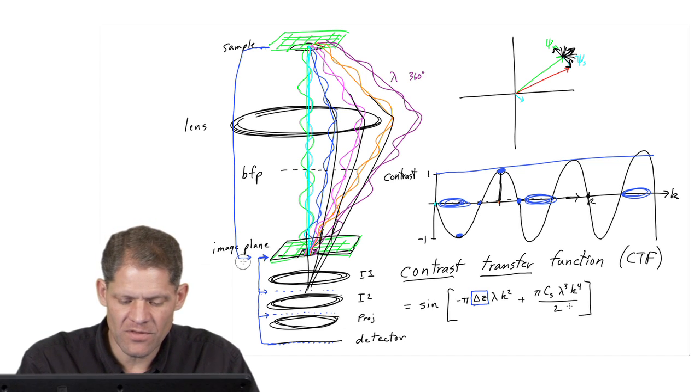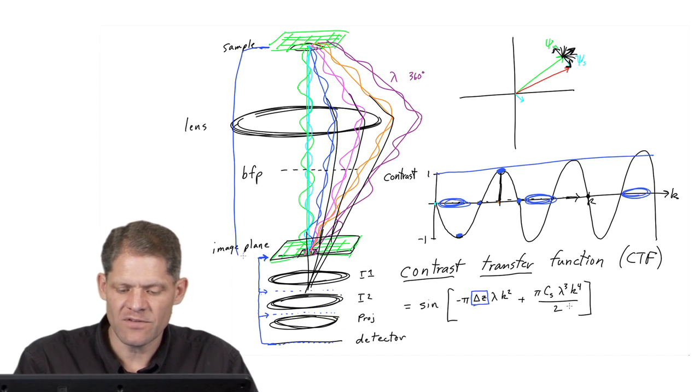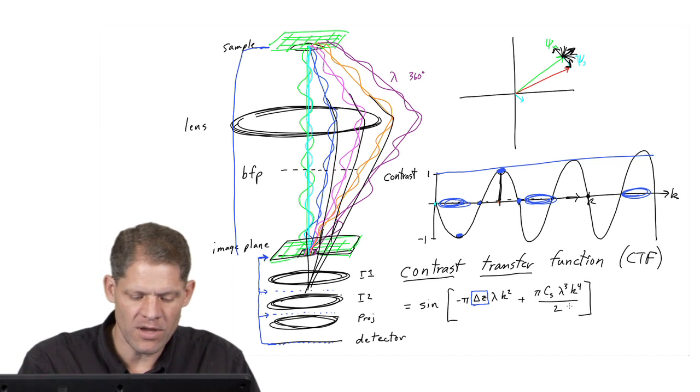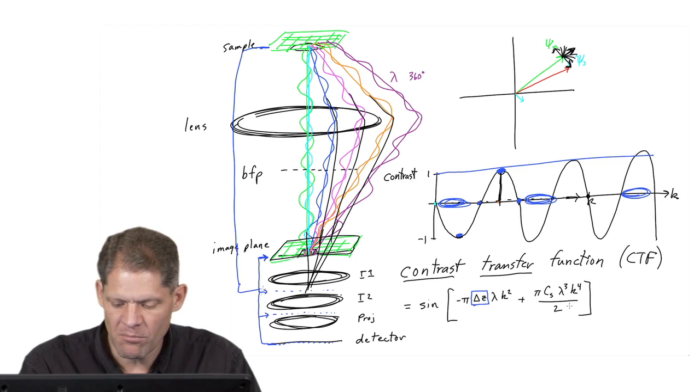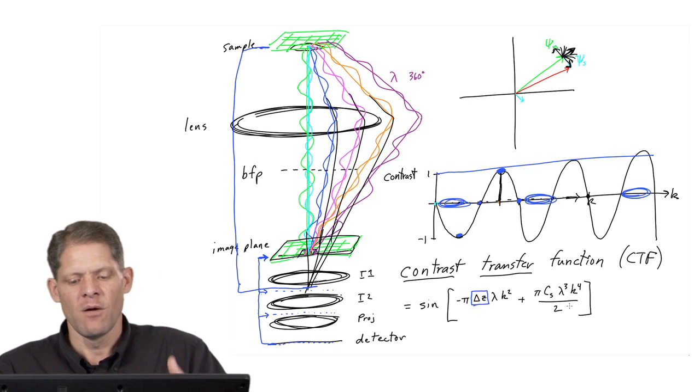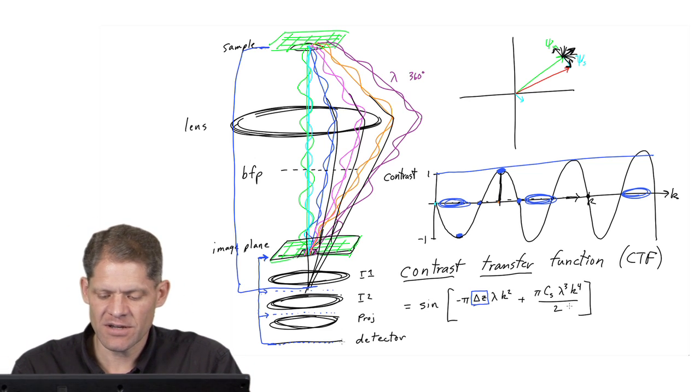And so we should erase this arrow because in this condition, the sample would be conjugate to some plane much lower in the microscope. But what matters is that the detector is physically mounted in the microscope.